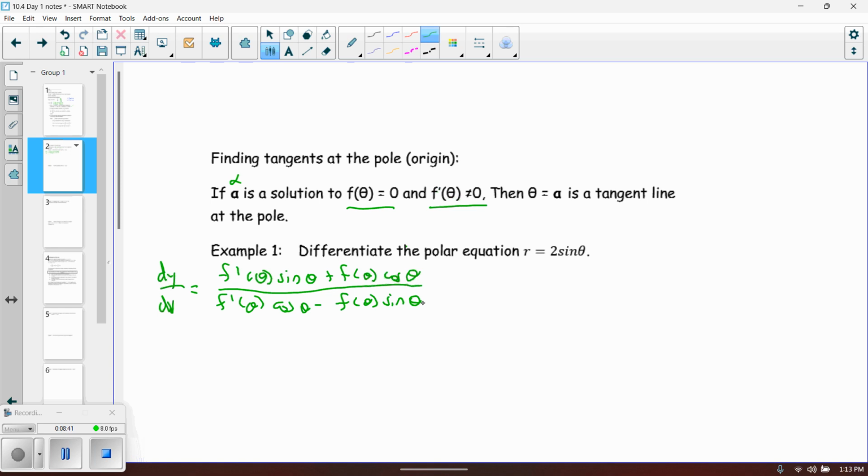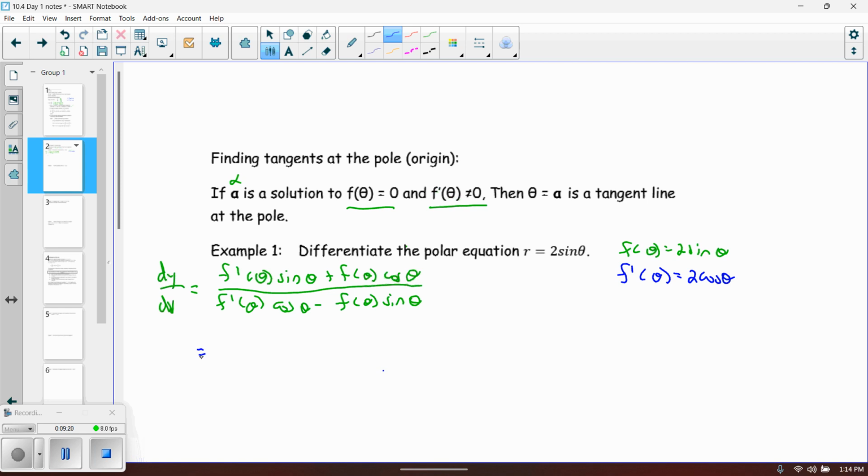Okay, so let's see what we've got here. r equals 2 sine of theta. So remember that f of theta is the same as r, so you could just say f of theta is 2 sine of theta, if that helps. So f prime of theta is going to be 2 cosine of theta. And actually, that's pretty much all we need in this case, because we've got everything else that we need. We have f of theta. We now have f prime of theta. Sine and cosine of theta are just what they say. So let's go ahead and put these things in.